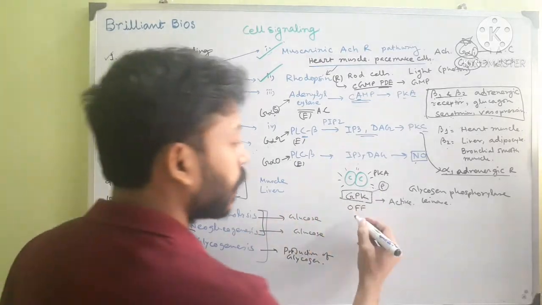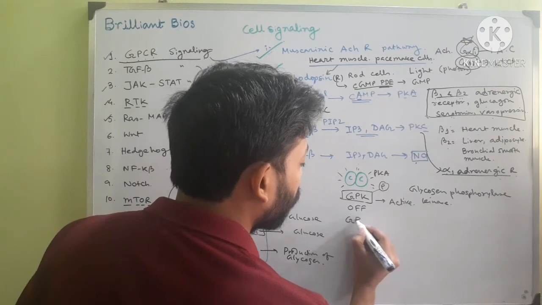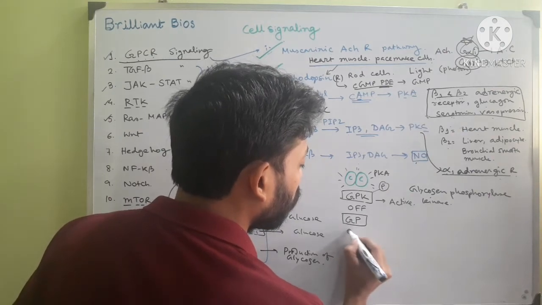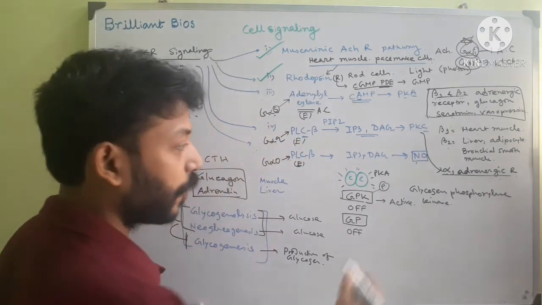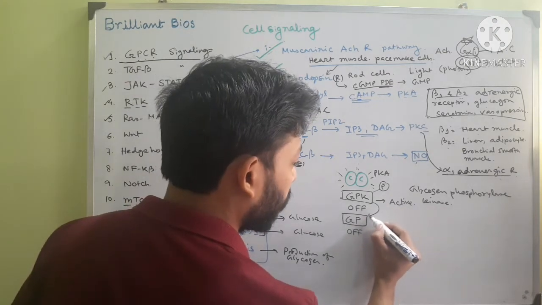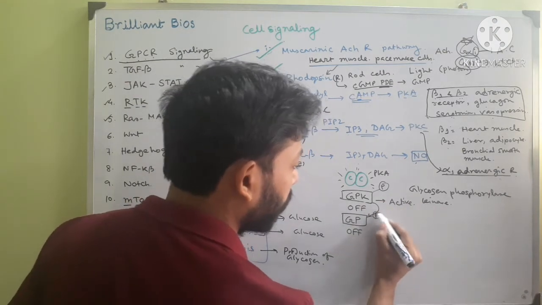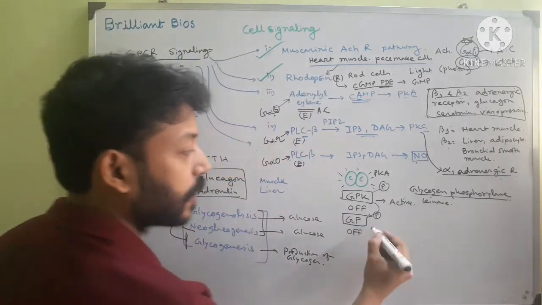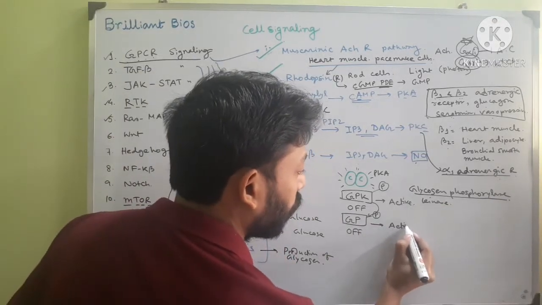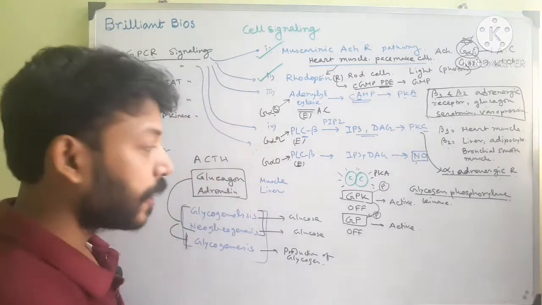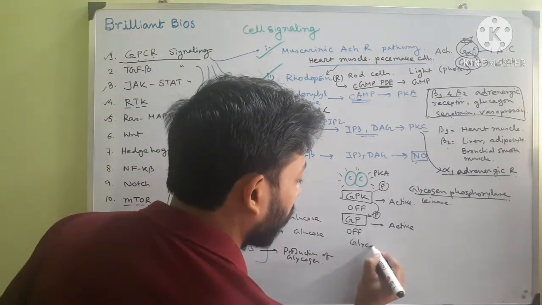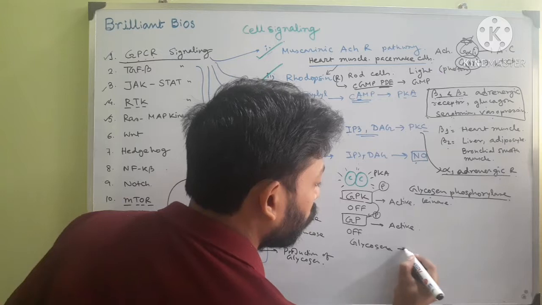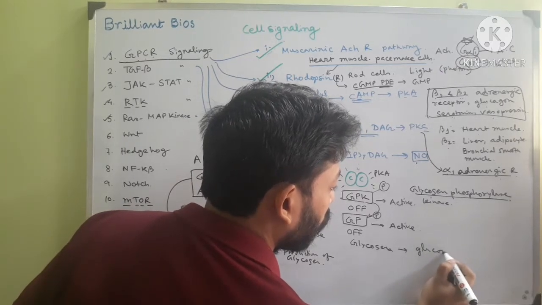This protein phosphorylates another protein called GP, which is also off. But when active GPK phosphorylates GP, that means glycogen phosphorylase, it becomes active.